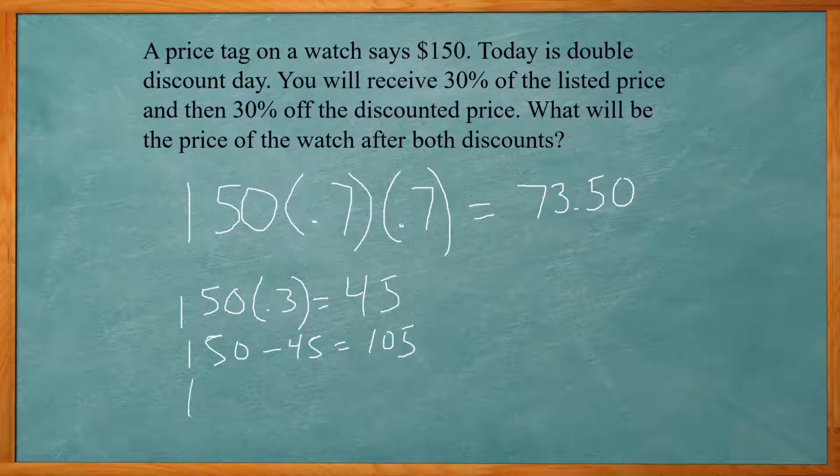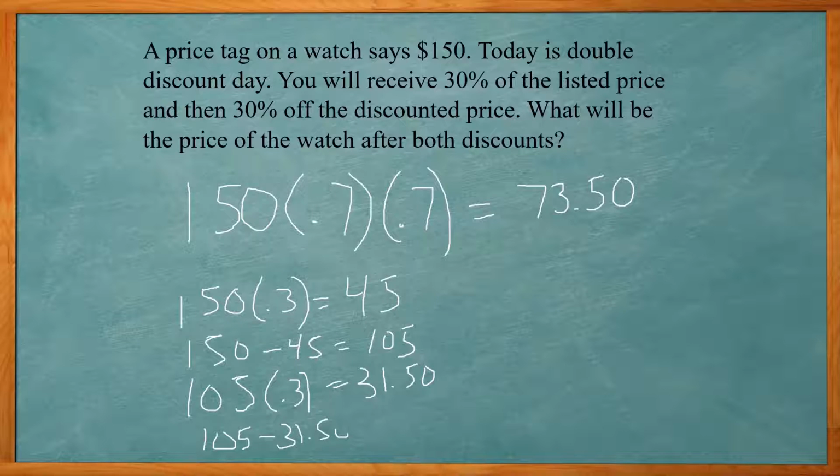Then find 30% of 105, which equals 31.50, and then subtract the 31.50 from the 105. And that gives you 73.50. So like I said, the first way is easier if you can think of it that way. Otherwise, you have to take the 30% off of each price and subtract it.